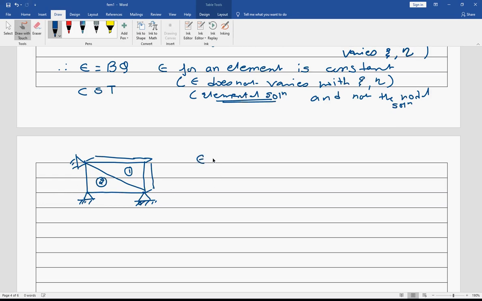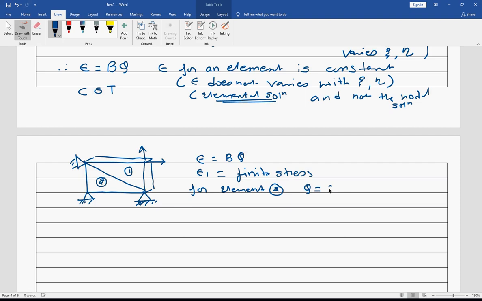Okay, now my strain is going to be B into Q. Now for element 1, these Q's exist. Okay, so it will have some finite stress. And for element 2, all displacements are 0.